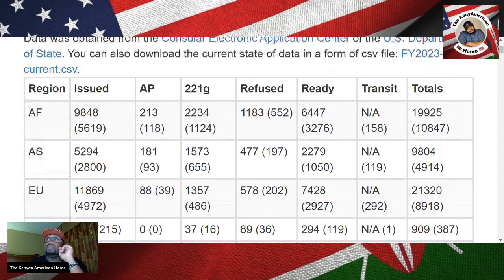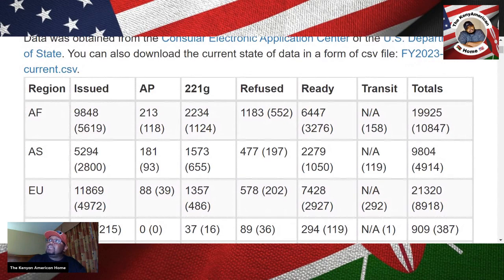About 118 cases are in administrative processing. About 1,124 cases are in 221G administrative processing, and about 552 cases, 1,183 people, have been refused.